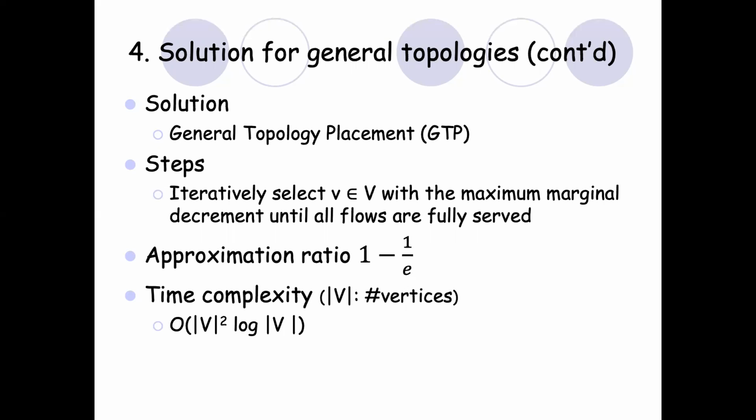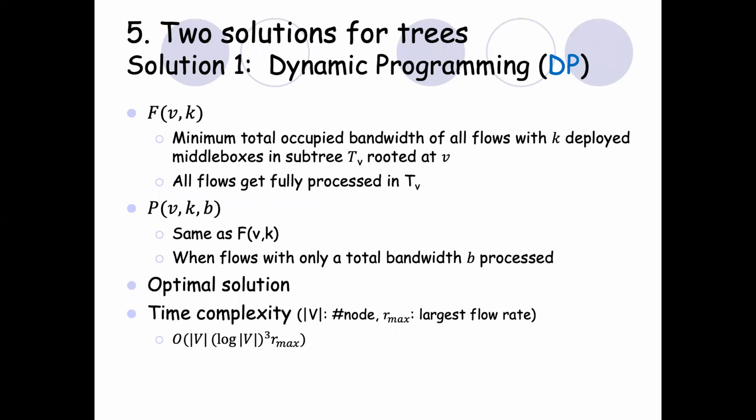Because it selects K rounds to place the middleboxes, which is at most V, and in each round it needs to find the maximum value of all the marginal decrements, which takes a time of V log V. And then we propose two solutions for the tree topology, which is quite common in today's network topologies.